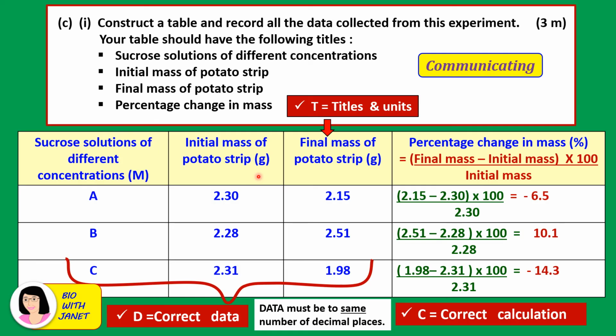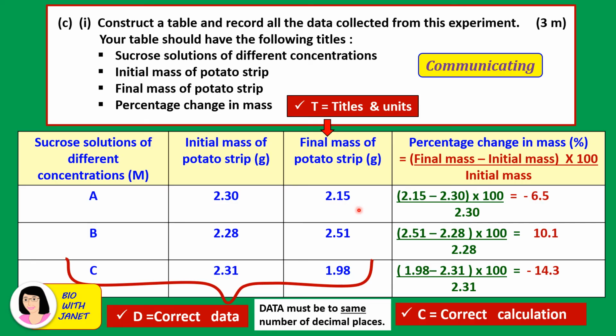The second mark is for the correct data, the data that you obtain through doing the experiment. And finally, the last column is the calculation, so there's 1 mark for calculation. And please show the working.